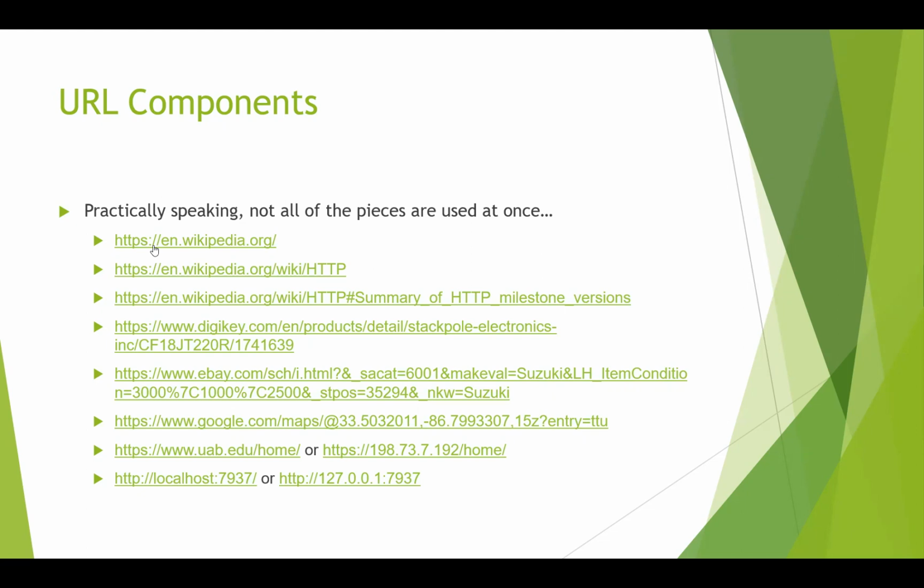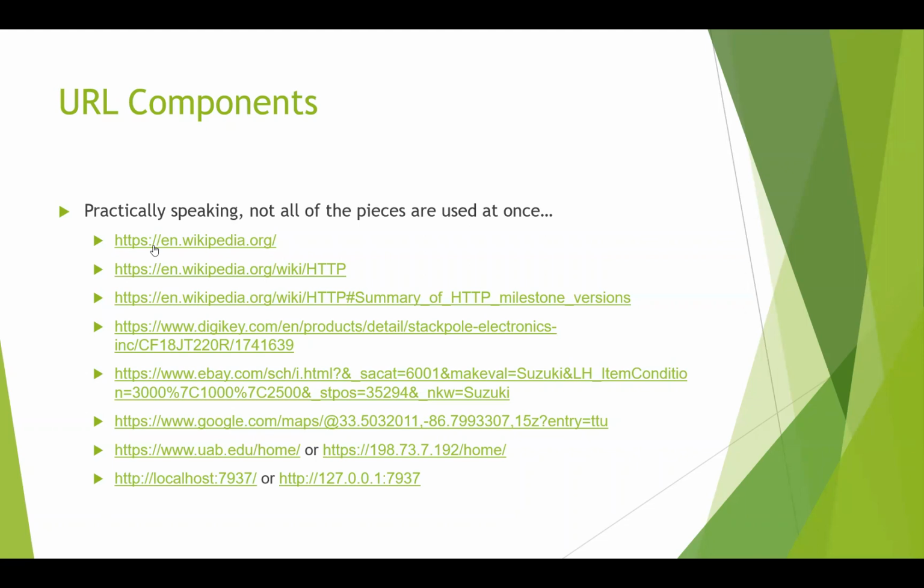You'll notice that you have the protocol of HTTPS, the domain of www.digikey.com, and then the path indicating the language, EN, that you want to look at the products, a specific product, the detail associated with a specific product. They have even gone so far as to include the company name in the path as well, Stackpole Electronics Incorporated, and then the ID associated with that particular product.